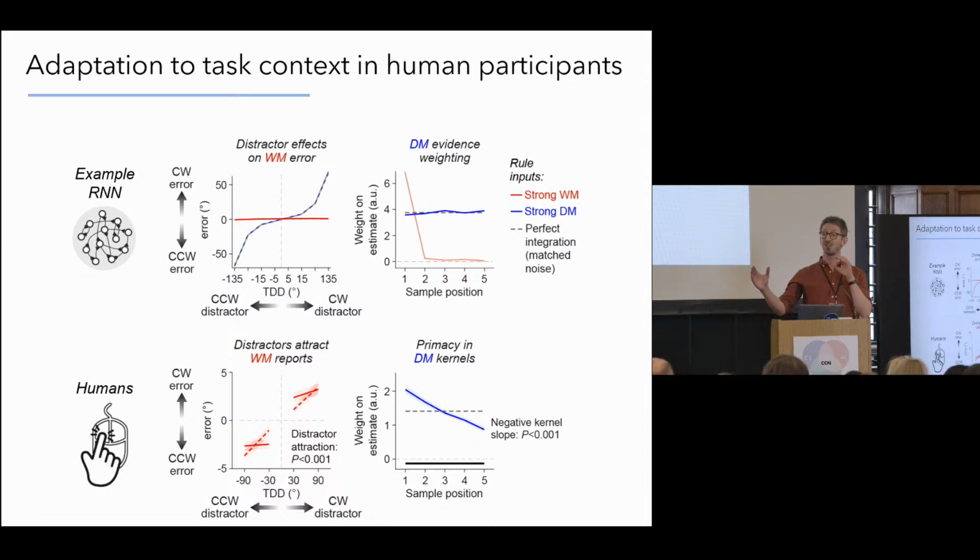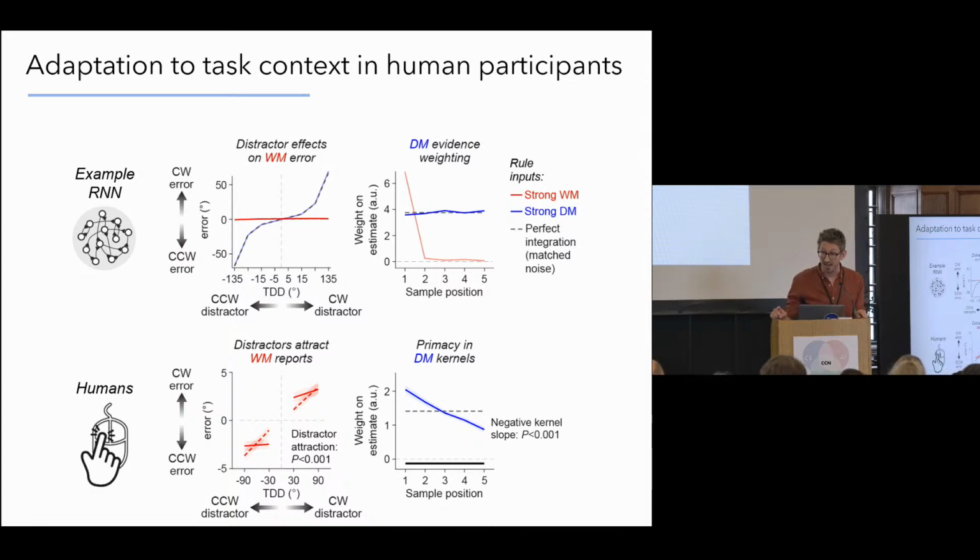So if you look at perfect imperviousness to distraction in the working memory task as one end of a continuum, and perfect integration on the integration task as the other end of that continuum, the humans lie somewhere in between on both tasks. So they don't reach either perfect end. But they do certainly adapt well across the two task contexts.